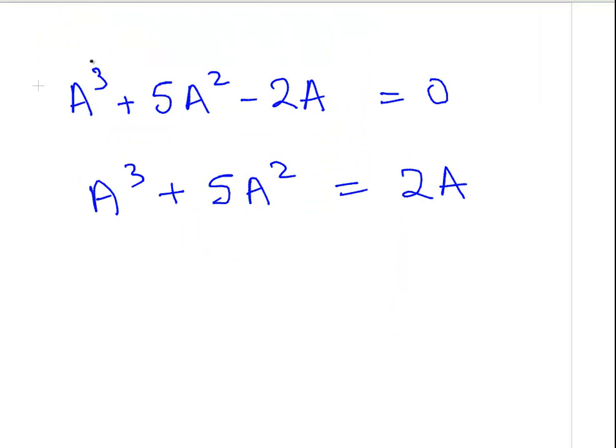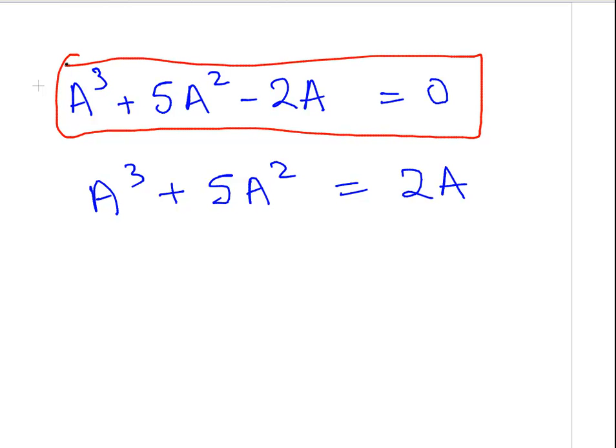So this is the equation that we're asked to start with. What I'm going to do is isolate A. I'm going to add 2a to both sides. You could just treat this as a normal polynomial equation. So I have a cubed plus 5a squared is equal to 2a.